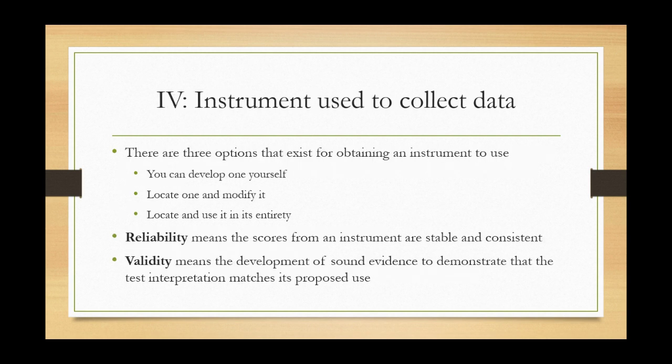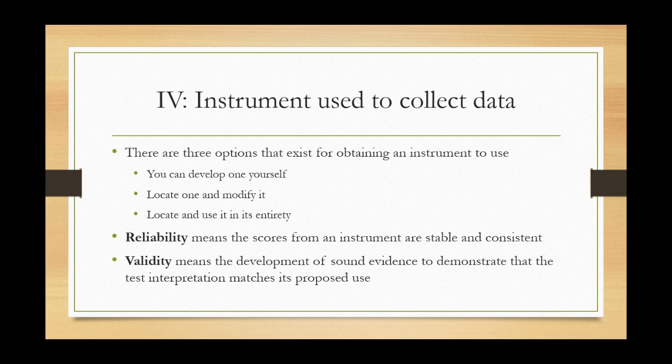The next step in the process of data collection, you will have to decide on what instrument you will use to collect data. Here you have three options to get an instrument. As we have said, instruments can be, let's say, a questionnaire, a test, a tally sheet, or you can use observational checklists.